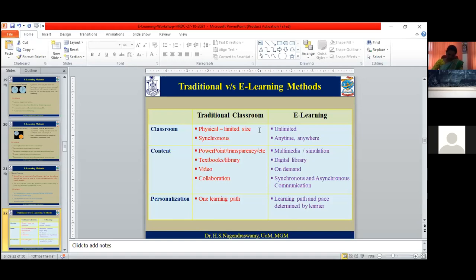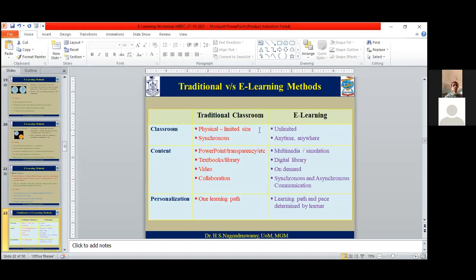In a traditional classroom, we use textbooks and a physical library. But in an e-learning classroom or environment, we call it a digital library. Whatever you want, you can get it in digitized form and use it for learning.